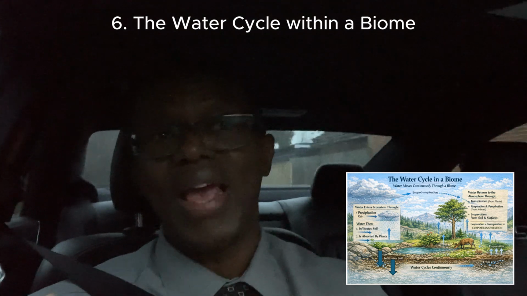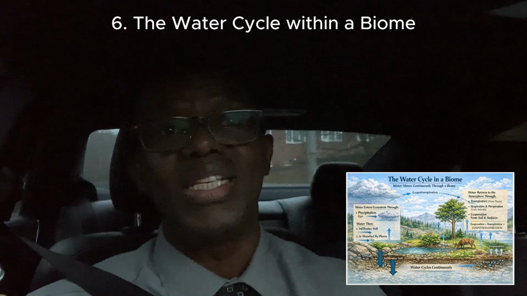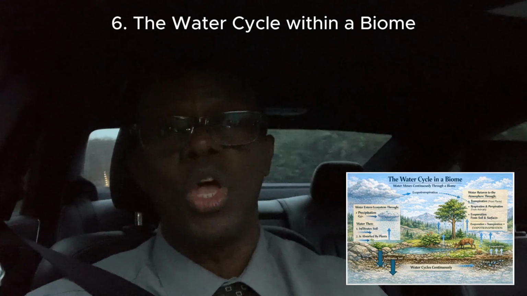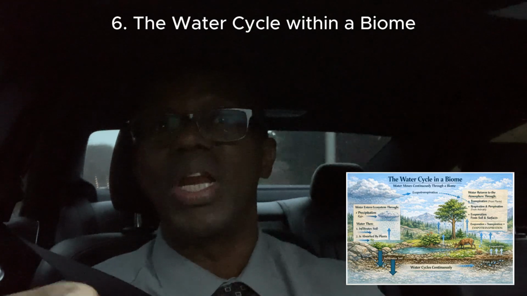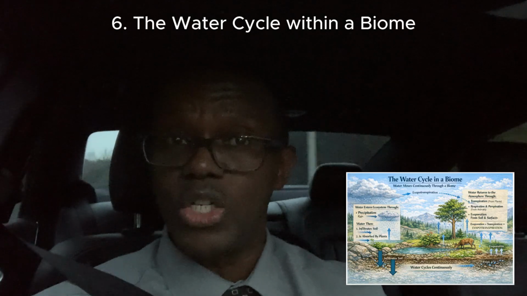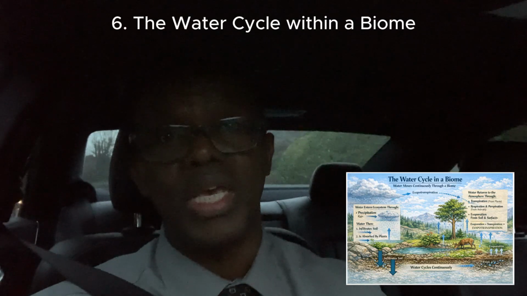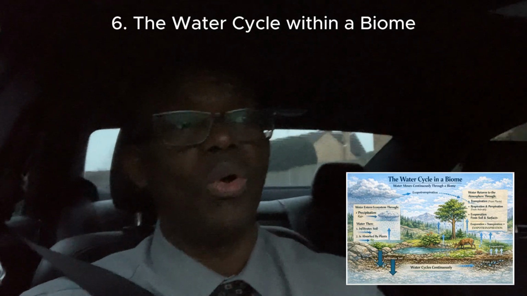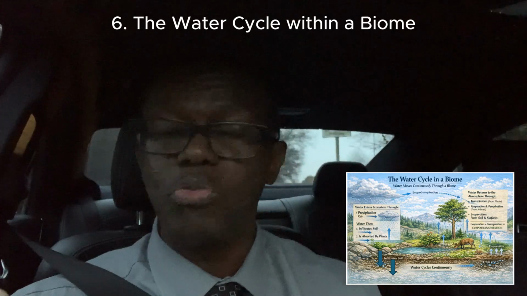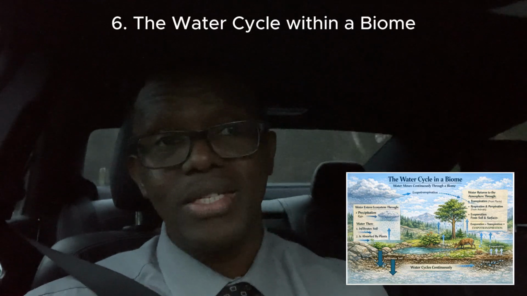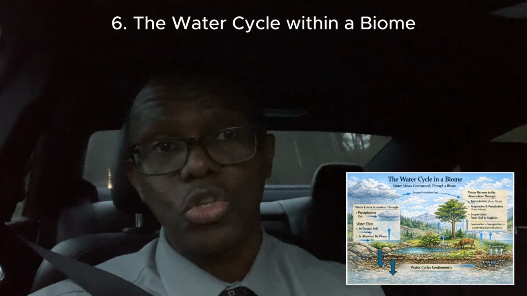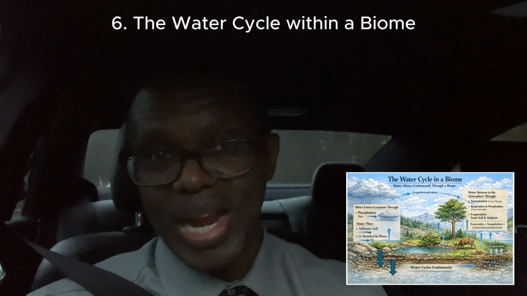Part of that perspiration is given off through sweat, for example. So that again will release water vapor back into the atmosphere. So again, we can see that within the water cycle, there are also interactions between the biotic and the abiotic parts of that water cycle within a biome.